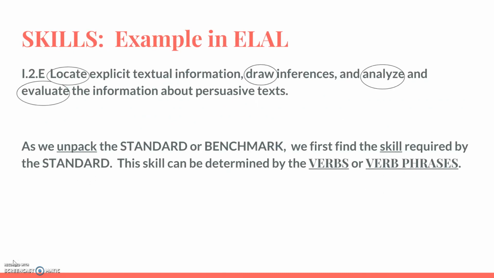Take a look at this example of an English language arts and literacy standard: Locate explicit textual information, draw inferences, and analyze and evaluate the information about persuasive texts. You'll see that I've already circled the verbs that you need to pay attention to. These verbs will determine the skills that will be required of the students.